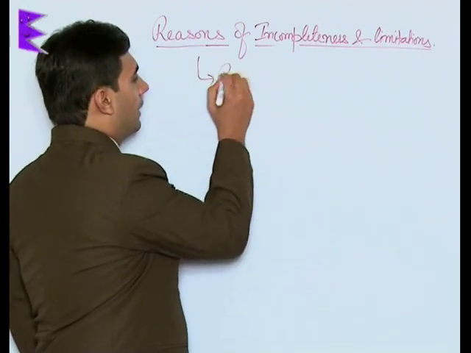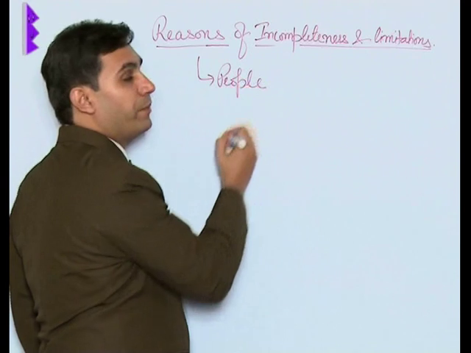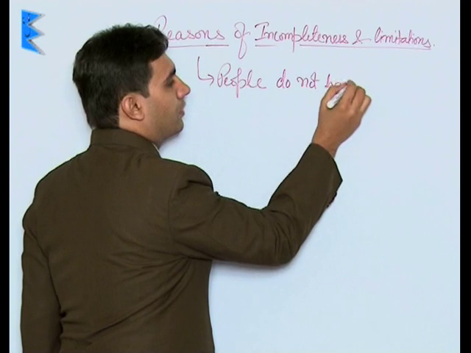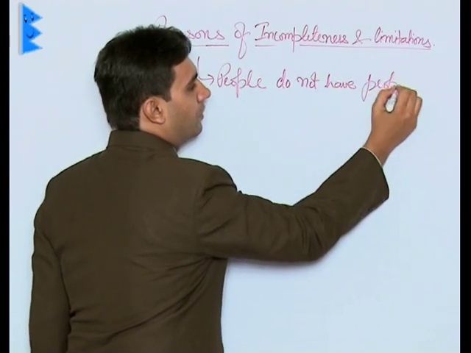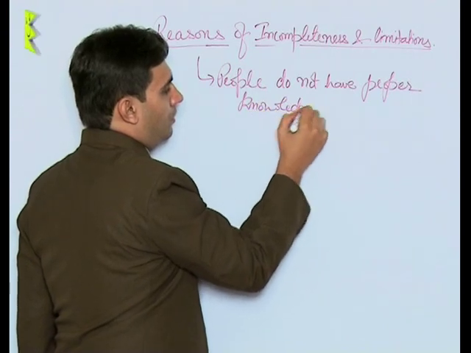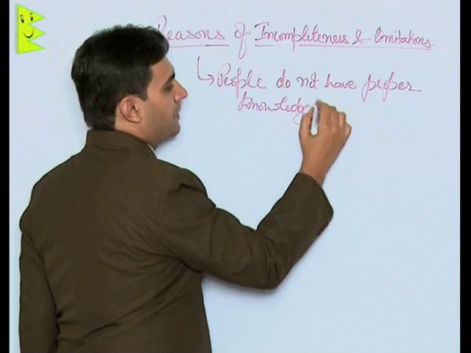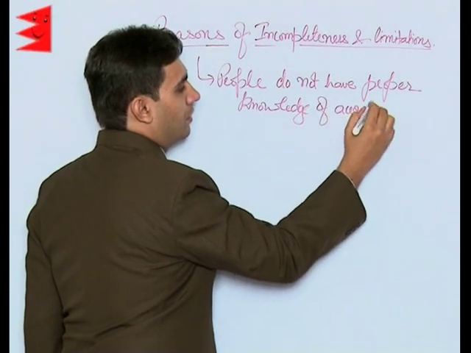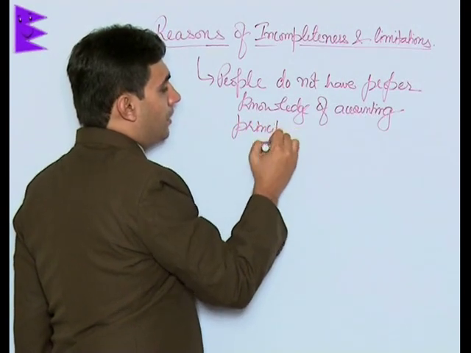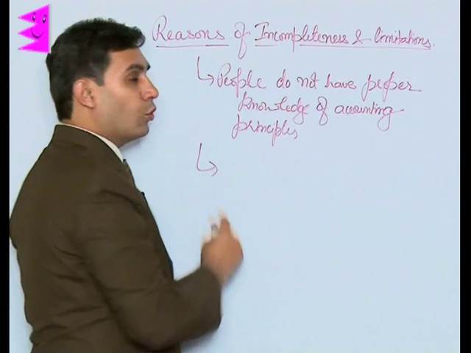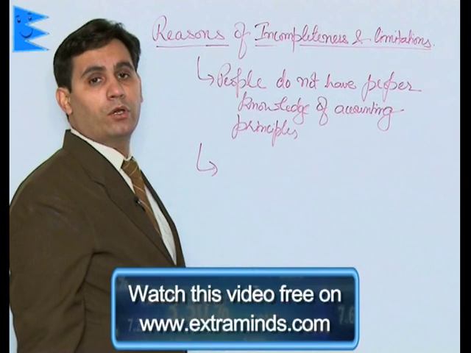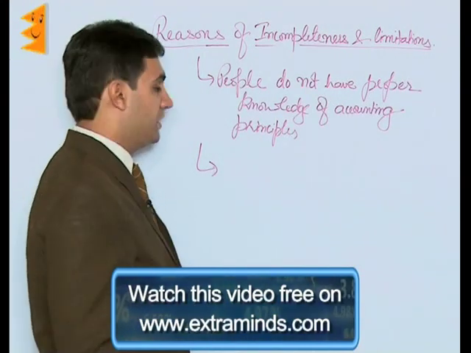First is that people who are responsible for maintaining accounts do not have proper knowledge of accounting principles, and secondly, the owner for his convenience purposes might actually want to record only the important transactions of the business.